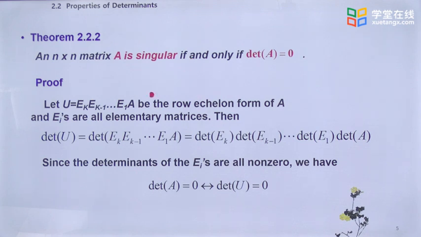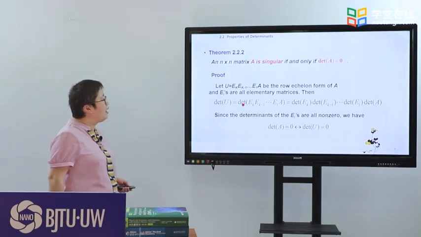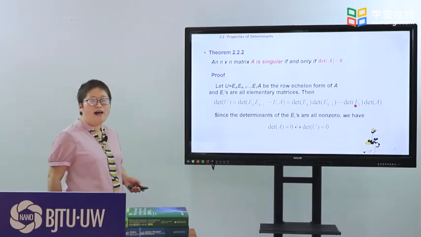So we use basic row operations to transform A to be the row echelon form U. And then we know that the determinant of U equals the determinant of this multiplication of matrices, E_k, E_{k-1} till E_1 times A. And this determinant of a multiplication of matrices equals the multiplication of determinants, because E_k, E_{k-1} till E_1 are all elementary matrices.